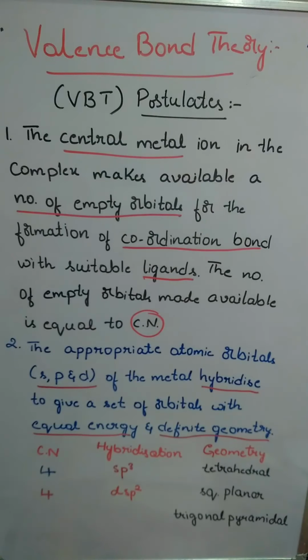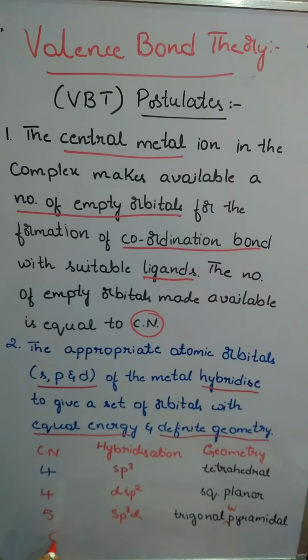If it is trigonal bipyramidal, then the hybridization will be sp3d, with 5 orbitals. Likewise, if the coordination number is 5, then it is sp3d hybridization, and the geometry is trigonal bipyramidal.